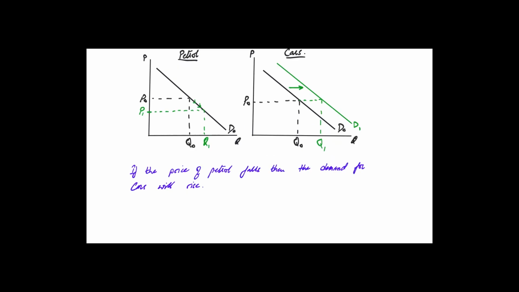And so if the price of petrol goes down, we're going to see a movement along. That means if price goes down, quantity demanded for petrol is going to go up. And as a result of this, the demand curve is going to shift to the right for the cars.